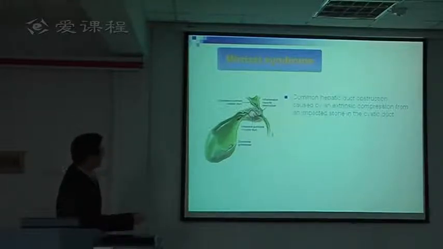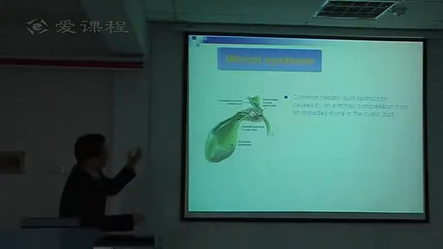Let's see this picture. Some gallbladder stone moved to the cystic duct. If this stone is very large, it can impact and cause obstruction of the common hepatic duct.